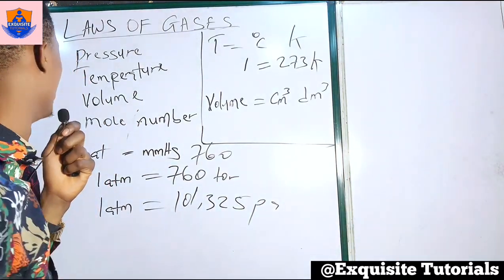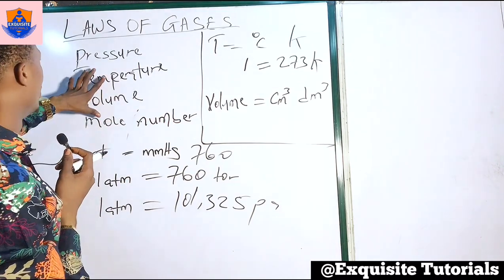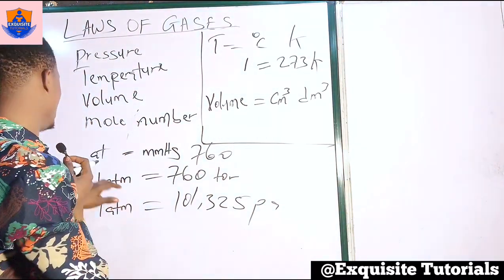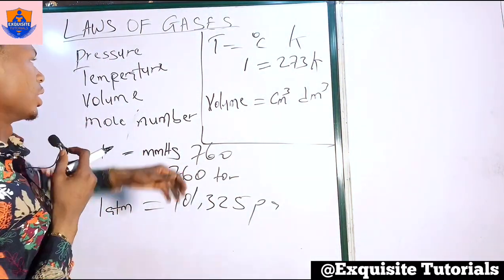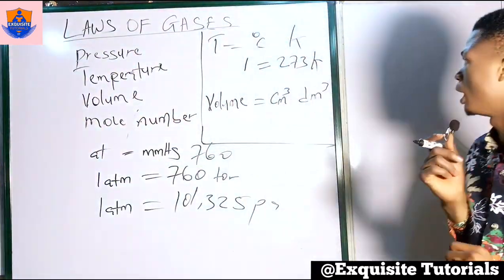Now, let me give us some questions regarding conversion in pressure, from ATM to millimeter mercury, from ATM to torr and Pascal, and the rest of it. Okay, now let's come to this side of the board.